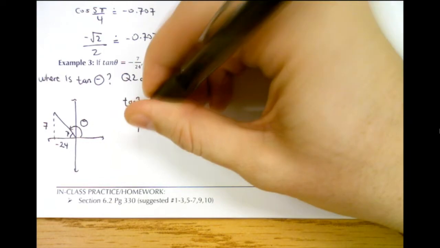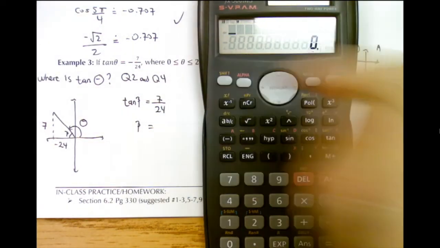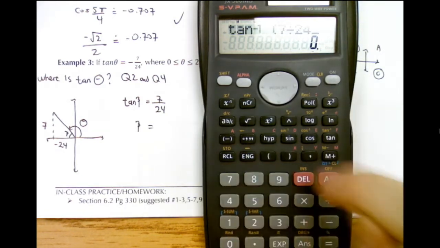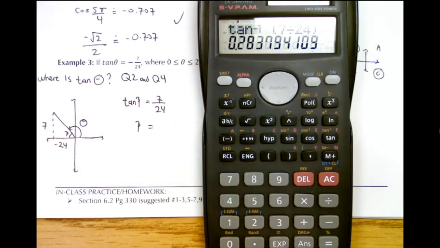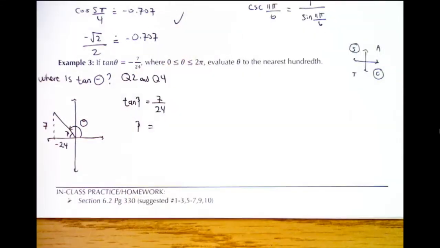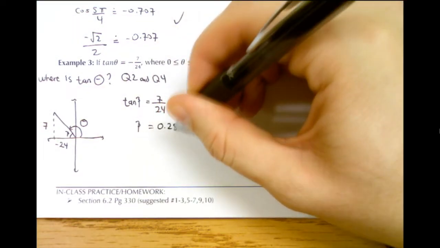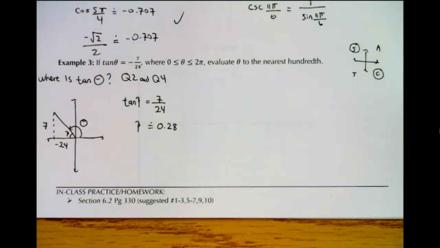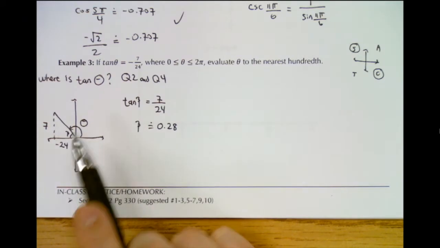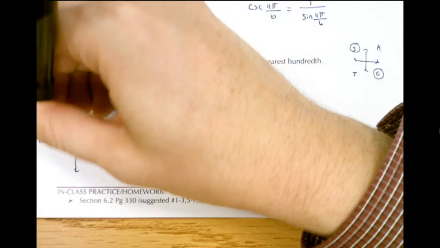And if we do tan inverse of 7 over 24 in radians, we get an angle beta in radians, which is 0.284 if we go to 3 decimals. Let's just go to 2 decimals: 0.28 approximately. So we've got a small angle, 0.28, and we've got our large angle, theta. Well, a whole rotation to this line would be pi.